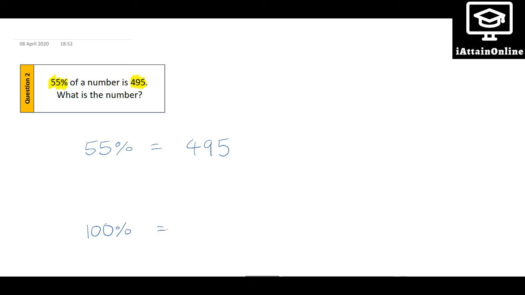Now, unlike the last question, 55 doesn't go nicely into 100. So it's a good idea to think of a common factor of both 55 and 100. It doesn't necessarily need to be the highest common factor, just a common factor. Looking at 55 and 100, the highest common factor I can think of is 5. So I'm going to find 5%.